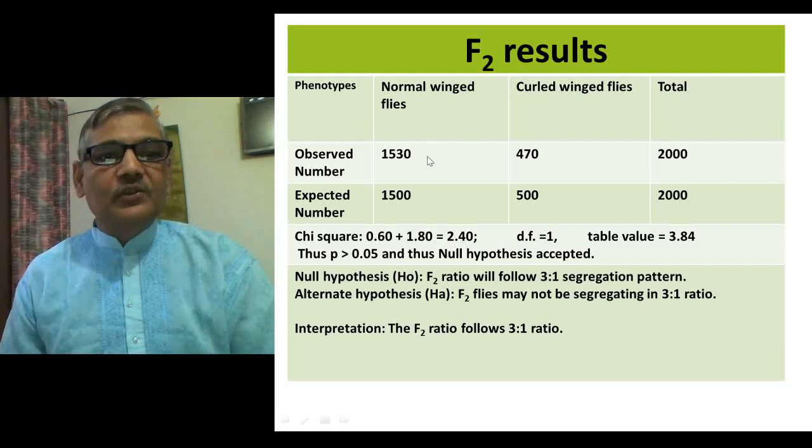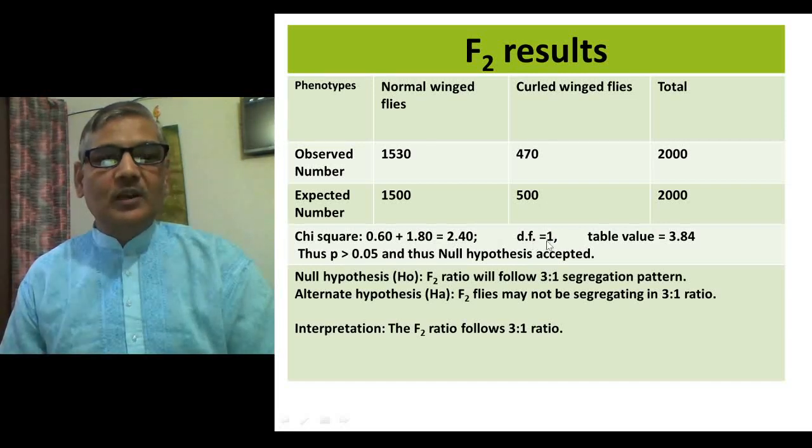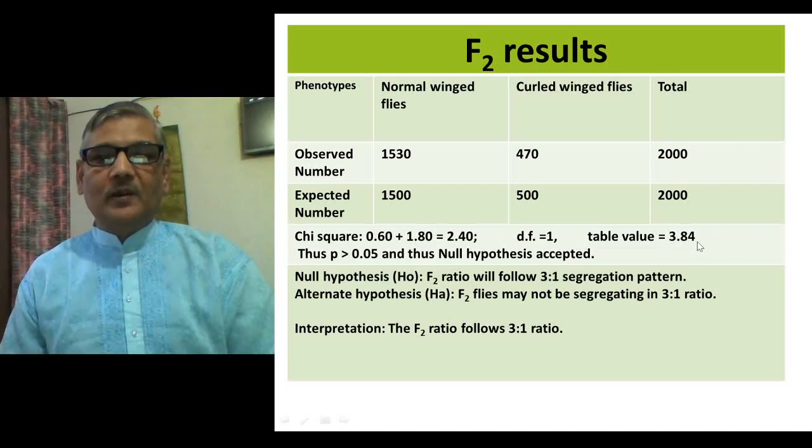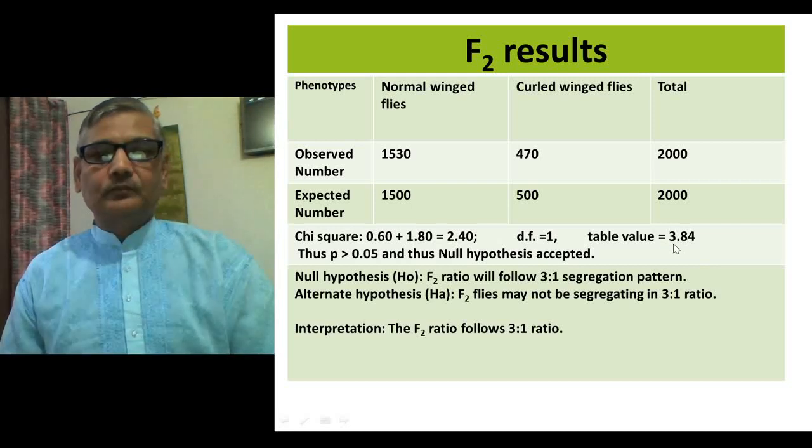Degree of freedom, since two classes are there, will be equal to the number of classes minus 1. So 2 minus 1, that will be 1. And the table value will be 3.84. This table value you can see in the probability table for chi-square. At the 5% level, the table value is 3.84.